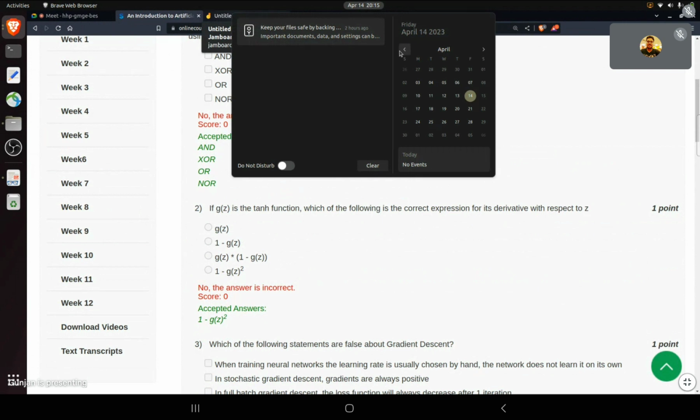Or will there be a class on 21? Let me see. So 1, 2, 3, 4, 5. No. So there are 2 weeks in April. Then there are 5 weeks in March. 2 plus 5, 7.